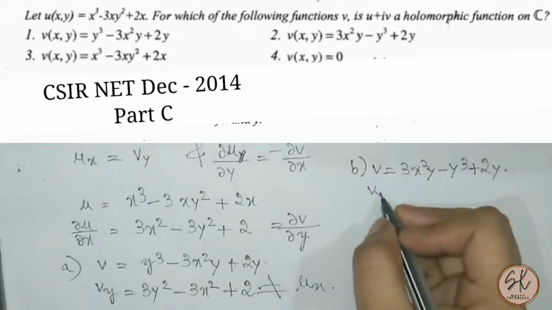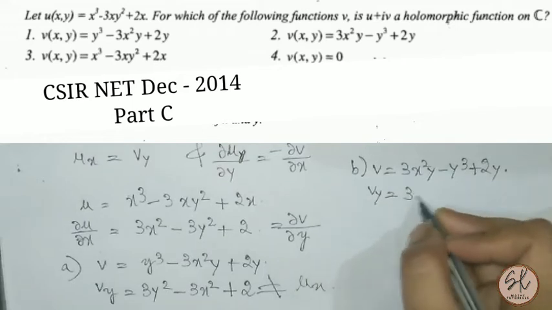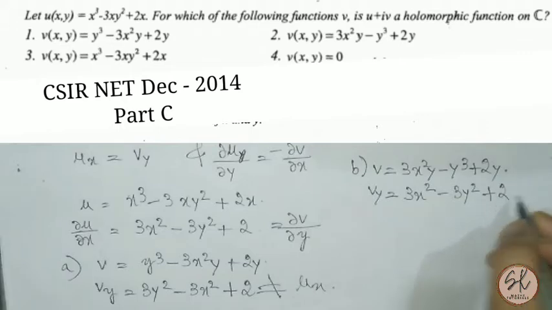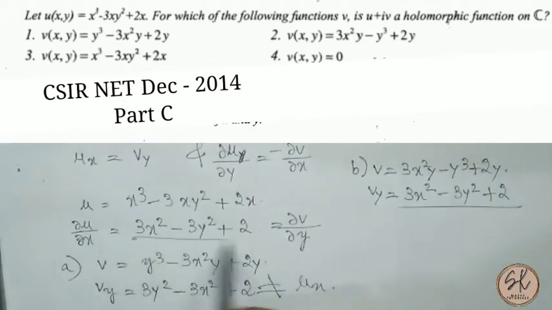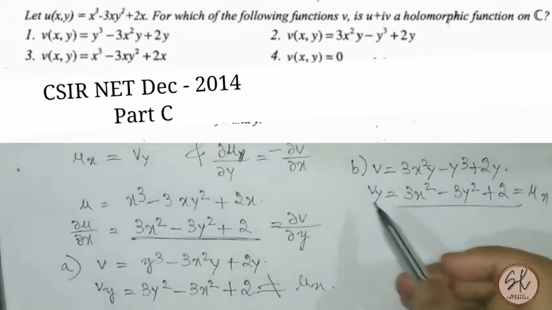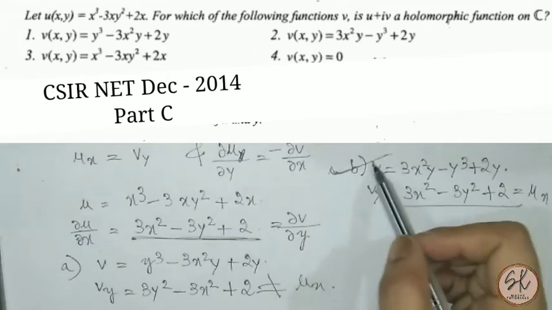Now del v by del y is equal to 3x square minus 3y square plus 2. Now see, this is equal to del u by del x, isn't it? So therefore option B is the correct answer.